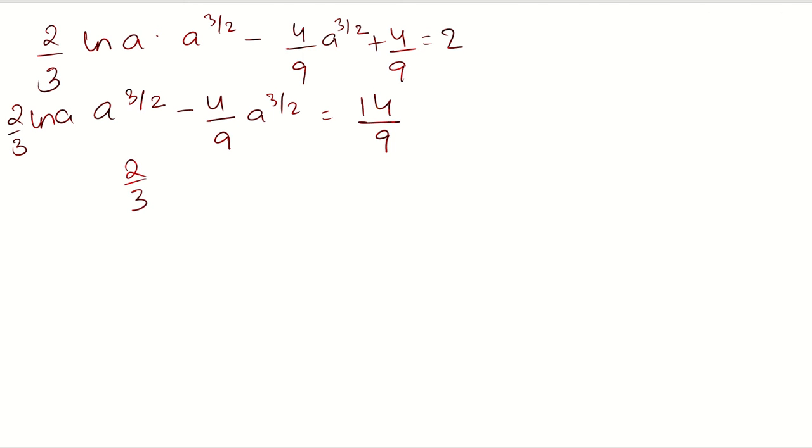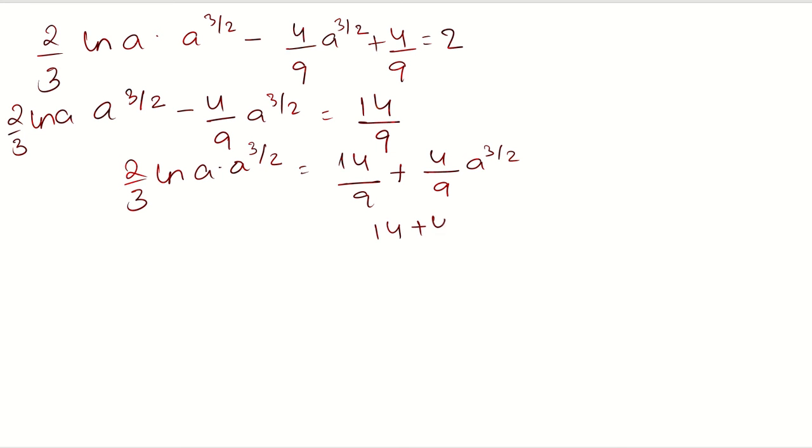So I'll be left with 2/3 ln a multiplied by a^(3/2) equals 14/9 plus 4/9 a^(3/2). With common denominators, you can write (14 plus 4a^(3/2)) divided by 9, and over here 2/3 ln a multiplied by a^(3/2).